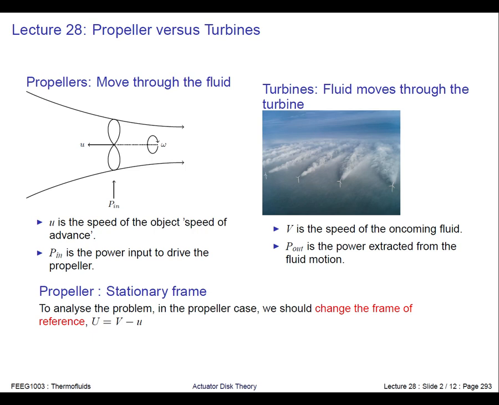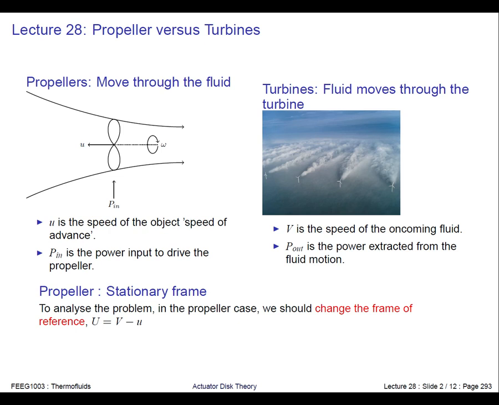So if we want to do a control volume based analysis with a propeller, we have to change the frame of reference and take away the propeller velocity from the propeller and also from the fluid around it.